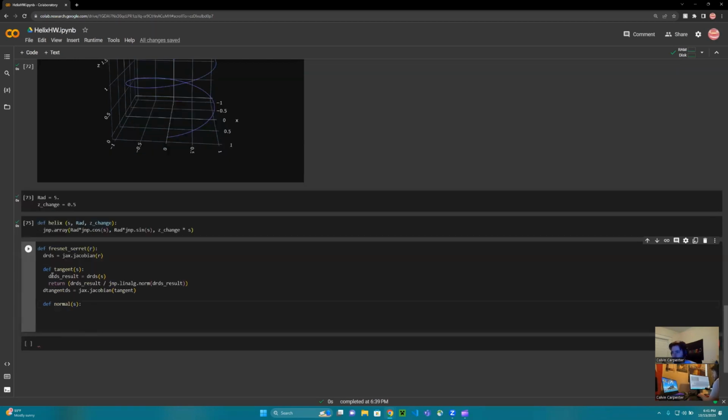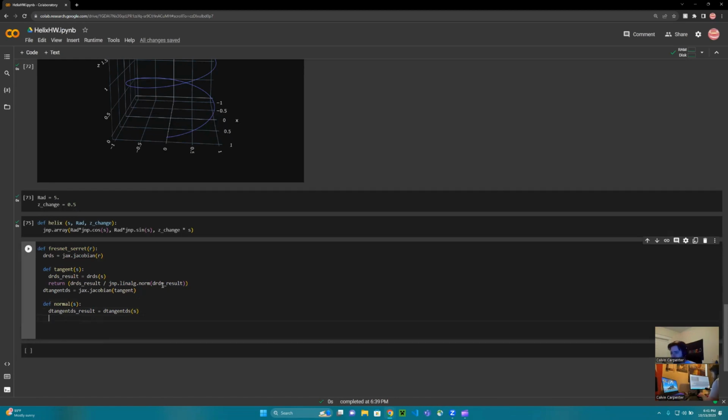So now we're going to have pretty much the same thing as the tangent for the normal. So we're going to have the normal ds results equal the normal ds times of s. Return.